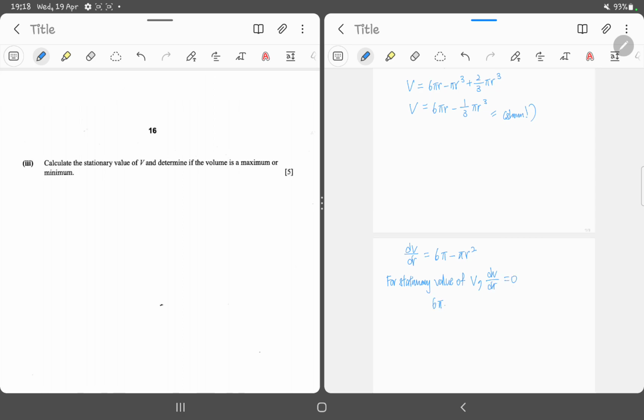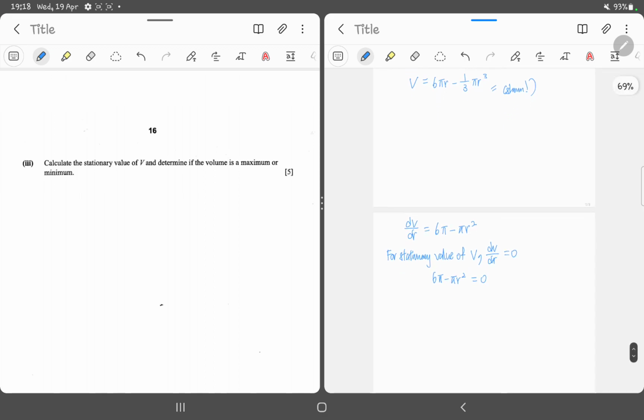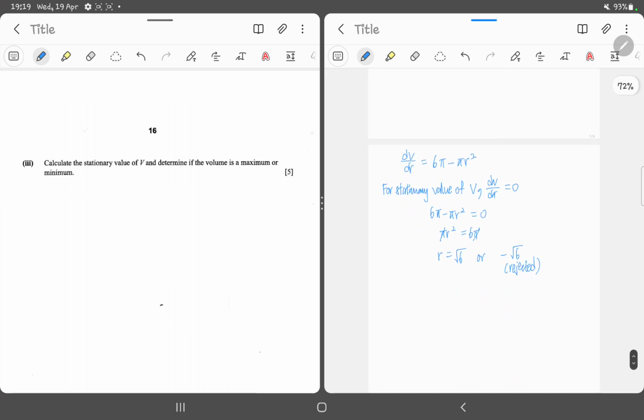So 6 pi minus pi r squared equals 0, which means pi r squared equals 6 pi, giving r equals square root 6 or minus square root 6. But the radius cannot be negative, so this is rejected. So r equals square root 6.